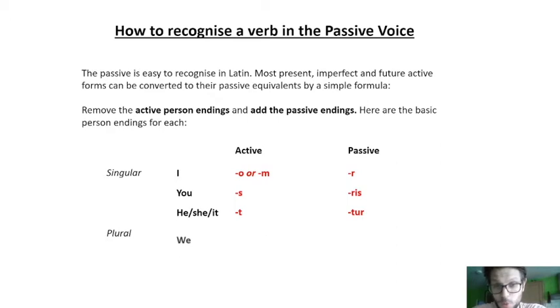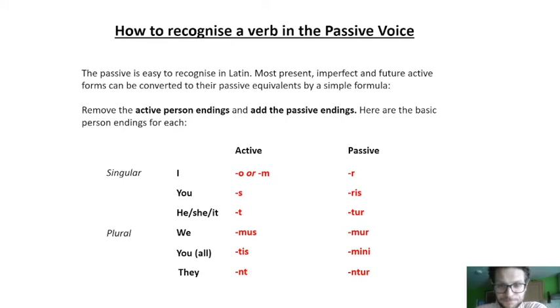Plural, we, MUS, and in the passive, MUR. You all, TIS in the active, and then MINI in the passive. And then finally they, UNT, and then UNTUR. Okay, so 6 new endings, but they are quite similar except for the second person plural to the active.